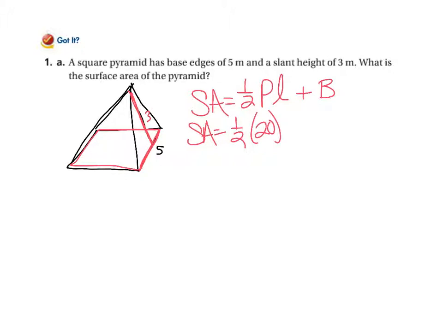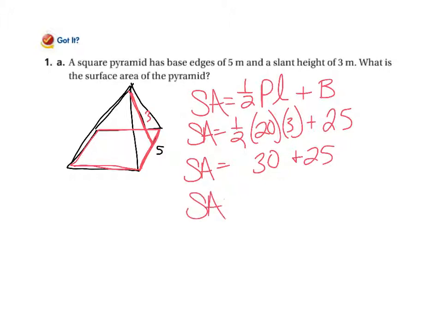Slant height, they gave us 3. Plus the area of the base, this is just a square. I would just do base times height. 5 times 5 is 25. All right, I think we can do this one in our head. No calculator needed. Half of 20 is 10, times 3 is 30, and 30 plus 25 is 55 meters squared.